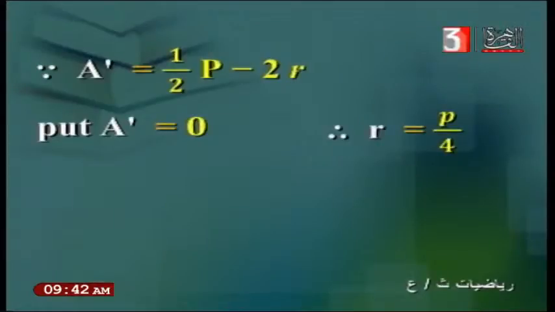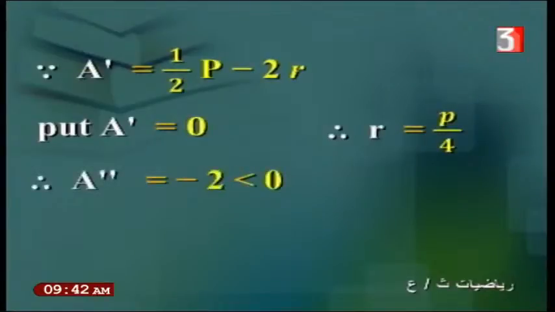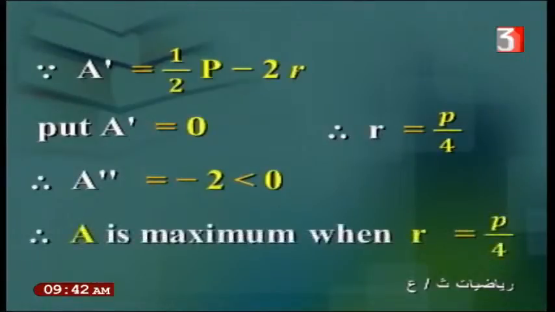We can use the second derivative test and substitute in: A double dash equals negative 2. Negative 2 is smaller than 0, a negative value. Then the area of the circular sector is maximum when r equals P over 4, where P is the perimeter of the circular sector and r is the radius of its circle.